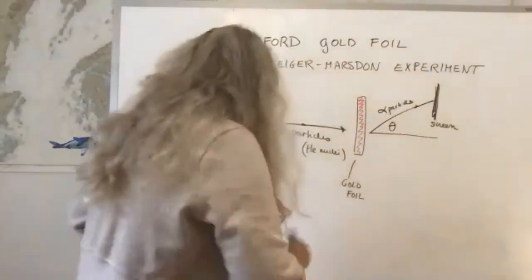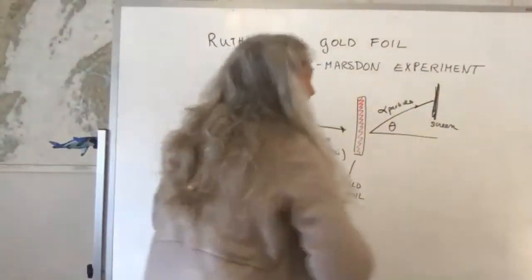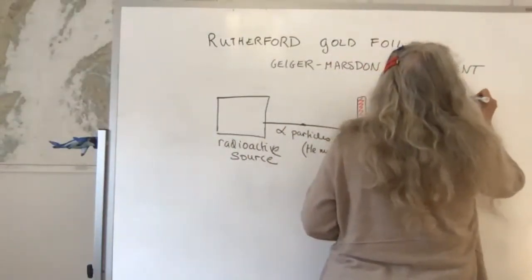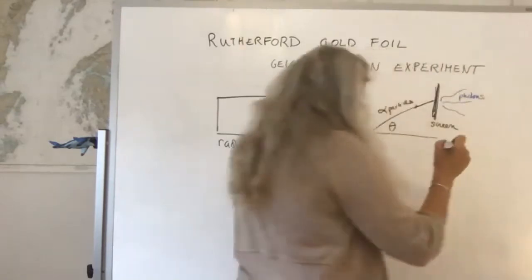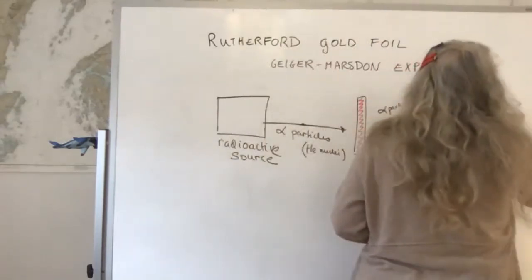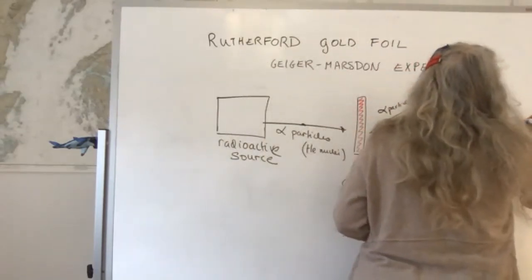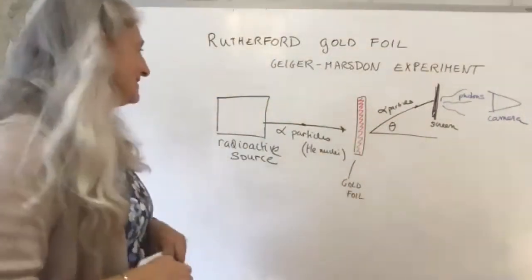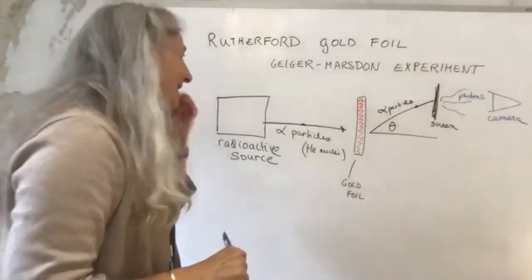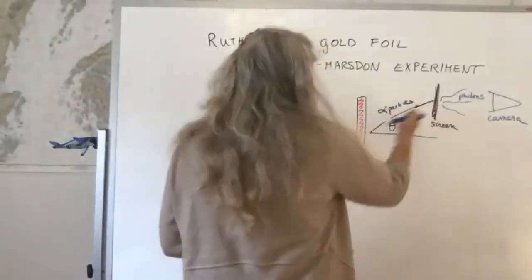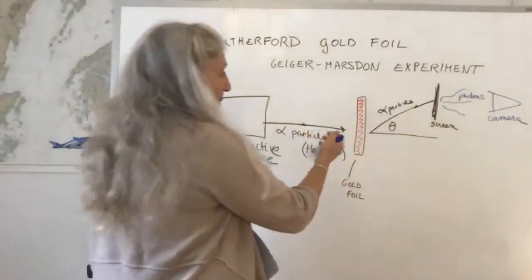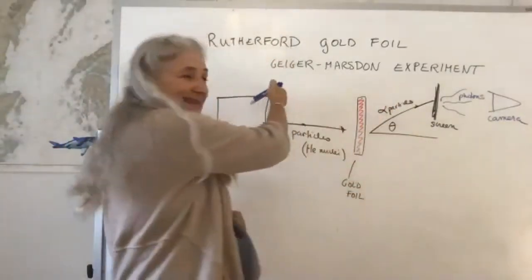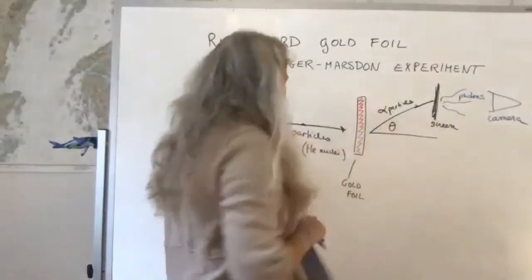When an alpha particle hits the screen, photons come out. And there's a camera or somebody looking, because these were experiments done a while ago. You can adjust where the screen is. You can put the screen on this side, it doesn't have to be on that side.